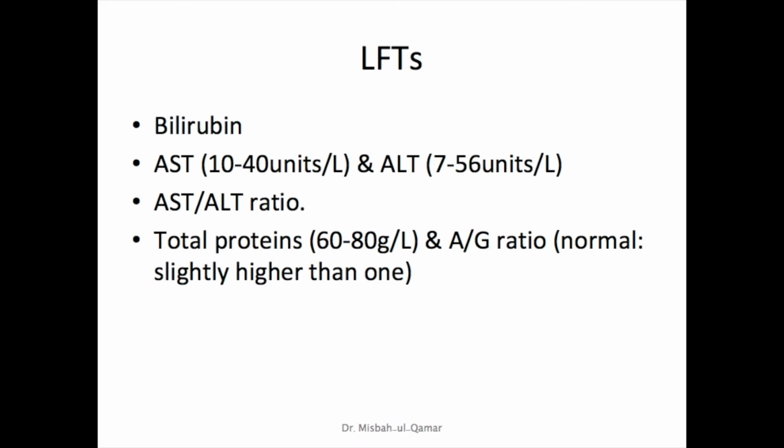Well, moving on to the liver function tests, commonly known as LFTs. At a glance, the liver function tests are bilirubin and the AST, ALT levels, which you can see here, their normal ranges, and then there is AST, ALT ratio, which is increased in disease, and then the total proteins and the albumin globulin ratio.